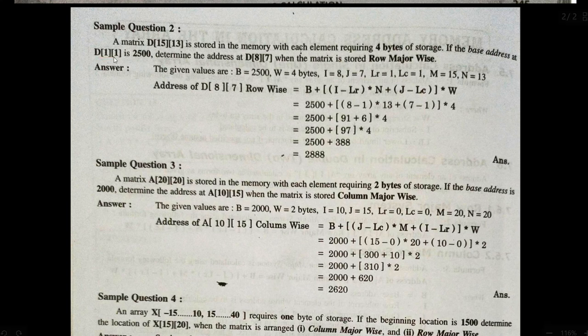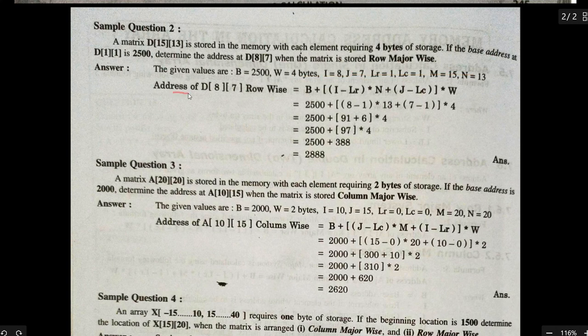So the lower limit of row is 1 and the lower limit of column is also 1. Now what is the total number of rows and total number of columns? It can be determined by this value. Here the total number of columns is 13, meaning N is equal to 13, and the total number of rows is 15. Now all the values we have written here.